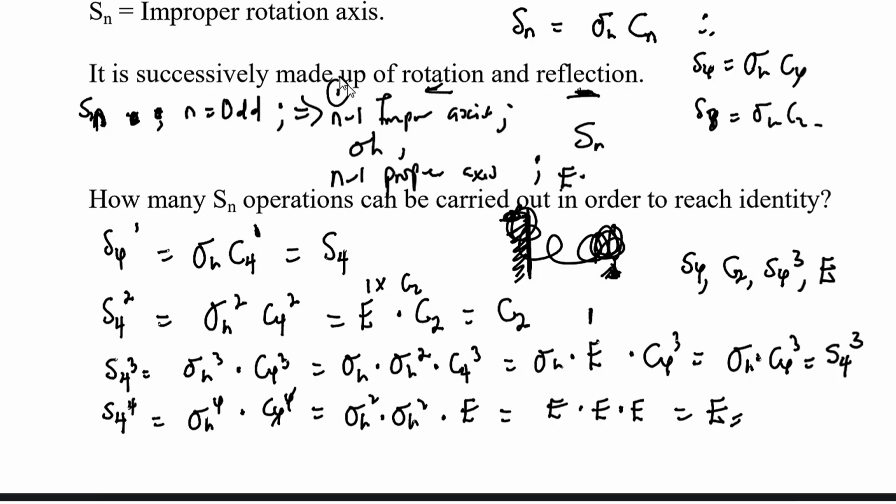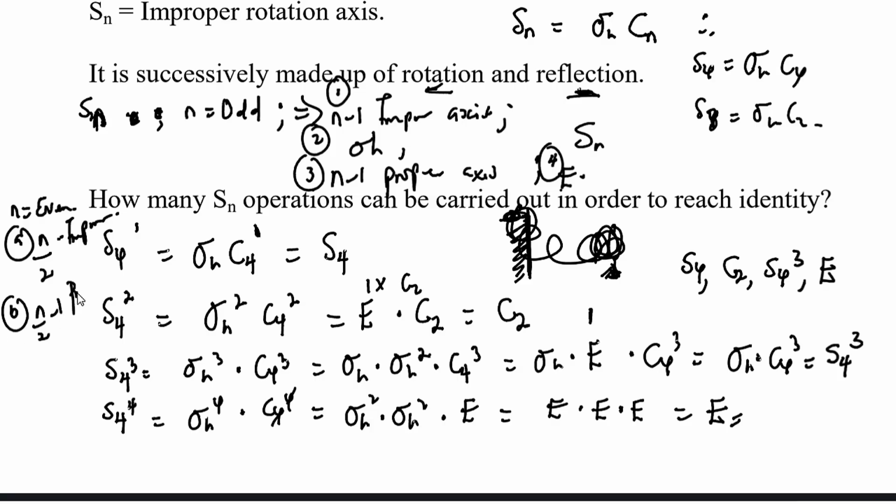So it gives this for 1, 2, 3, and then 4 when it is odd. But in this case, we have even n, right? So in this case, n is even. So basically, when n is even, the first one is going to give n over 2 improper axis. It is also going to give n over 2 minus 1 proper axis, and it's also going to give identity, right?